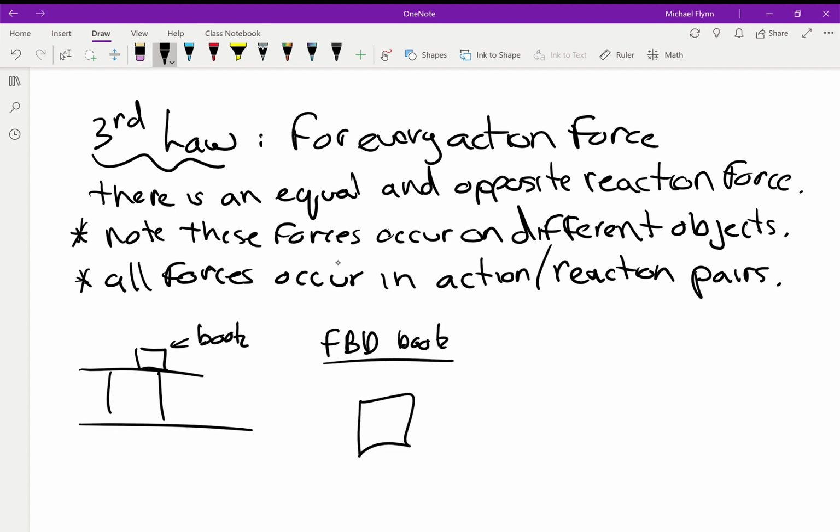Here's your book. There's gravity. We've done this many times now. There's a normal force, and that's it. Now the normal force is the force of the table on the book. Let's call that the action force. It really doesn't matter which one you call the action force.